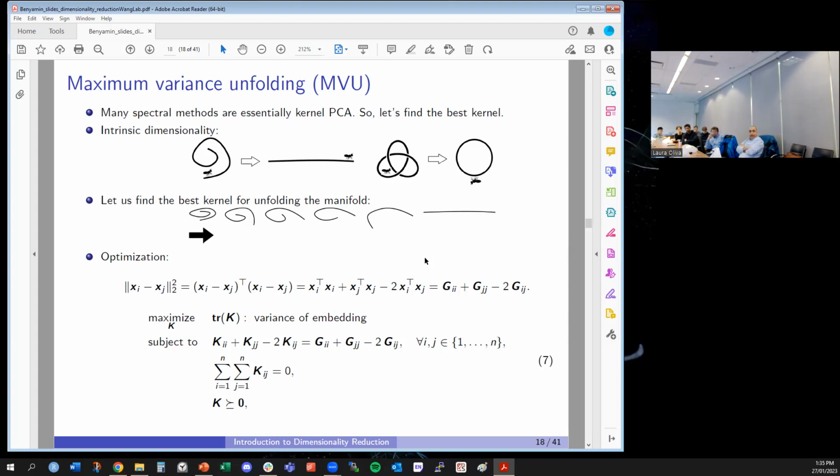So you say, I want to maximize the trace of the kernel. It can be proved that the trace of the kernel is the variance of unfolding, the variance of embedding, subject to some constraints. The first constraint, I'll show the proof here: I want the distances in the embedding space to be similar to the distances in the input space. Also, I want the kernel to be double centered.